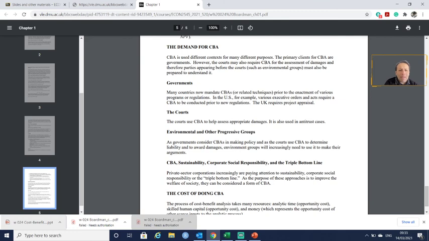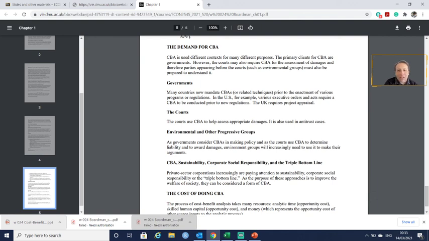So many businesses have incorporated this as a result of many green projects and the green laws that we have had during the last years. So governments sometimes mandate CBA analysis. Courts demand CBA analysis to assess appropriate damages.